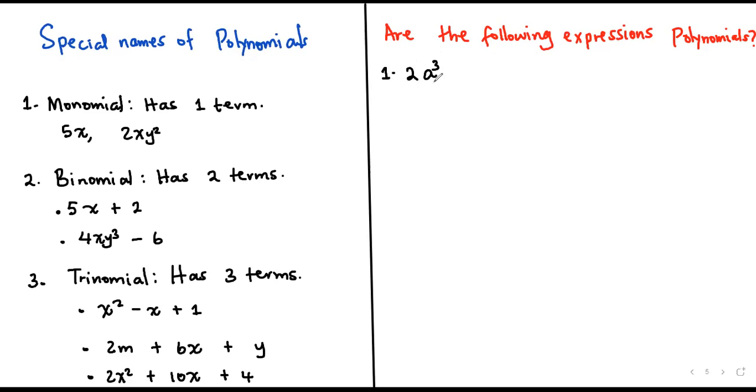So since it has got a positive exponent, then we say that it is a polynomial. Okay. So number 1, it's a polynomial.